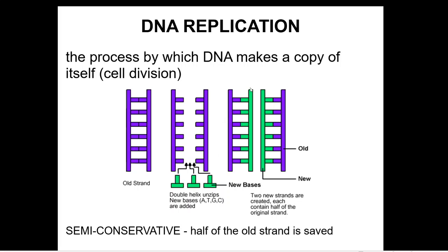So it unzips it, makes a new side of the other zipper, and now we have 2 copies. And we call that semi-conservative, which basically means half of the old strand is saved. So it doesn't just copy. There is no photocopy, no Xerox machine inside our body that we can just put it on and it copies it. To make it easier and faster, it unzips whatever it needs to copy and then just makes a new strand to match it with the bases.